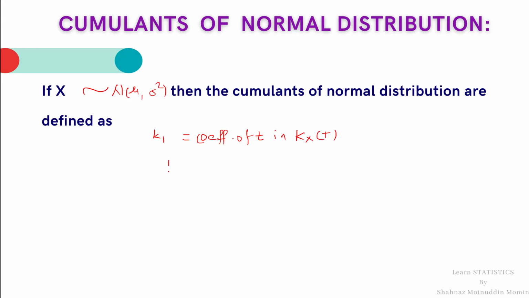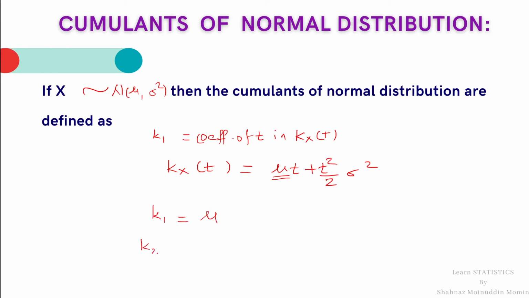Now I will write the cumulant generating function K_X(t), which is mu t plus t square by 2 sigma square. Here the coefficient of t is mu, so the first cumulant k1 is equal to mu.